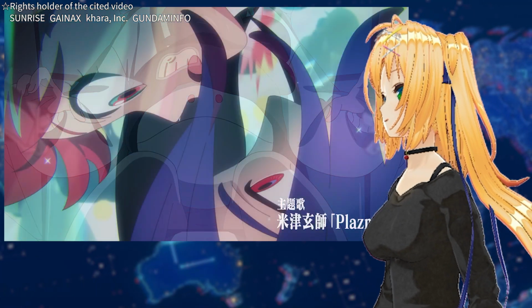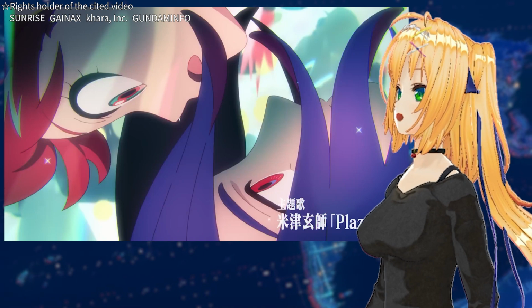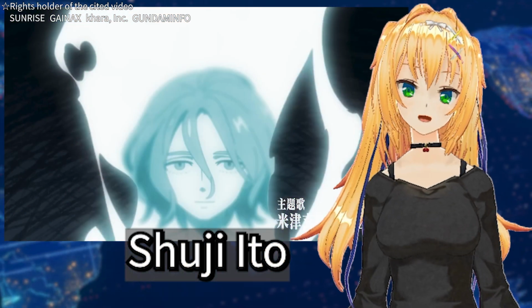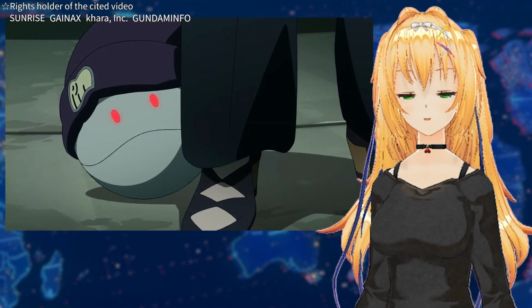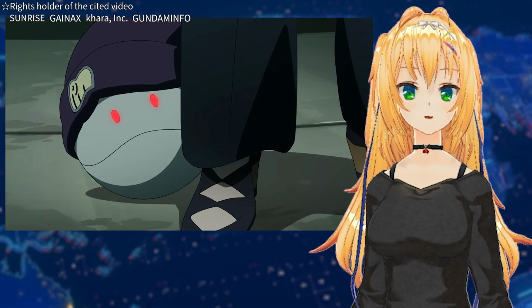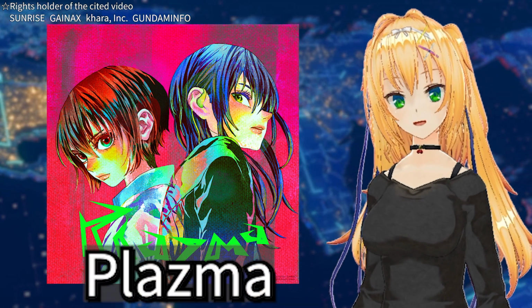A pilot's partner is called the mob. In this scene, Haro admits that Shuji is her real mob to Amati. This also raises some interesting questions about Haro's true nature. Who exactly is Haro?